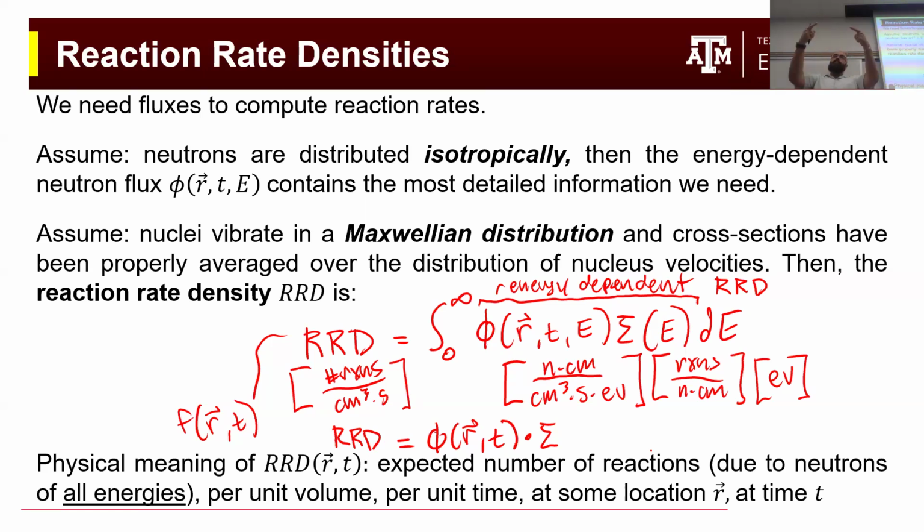If you're given the energy dependent flux and you need a reaction rate, you have to take that flux, multiply by the cross section of that reaction, and then integrate over all energies. Whereas if you just have the scalar flux, you can multiply that by the cross section of interest to get the reaction rate density for whatever type of reaction your macroscopic cross section is describing.